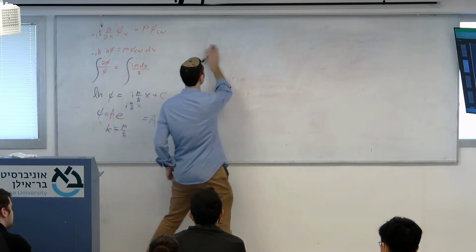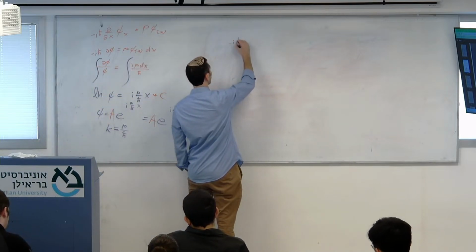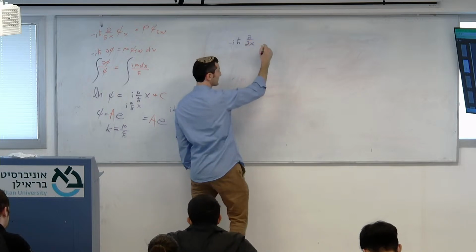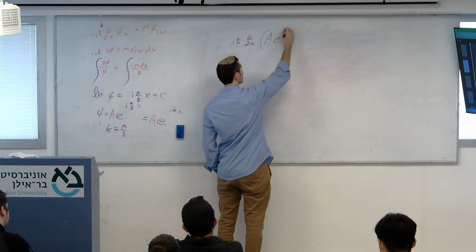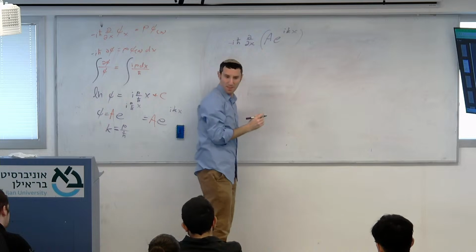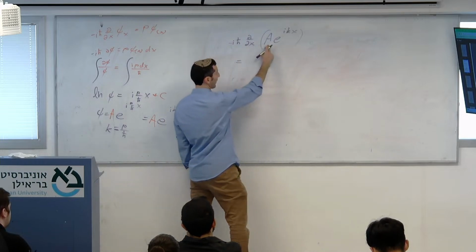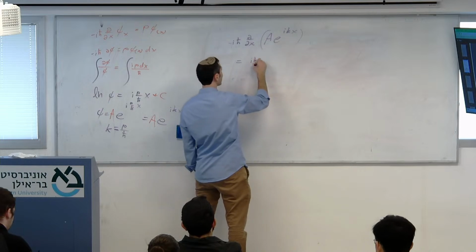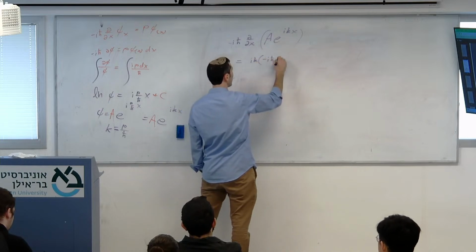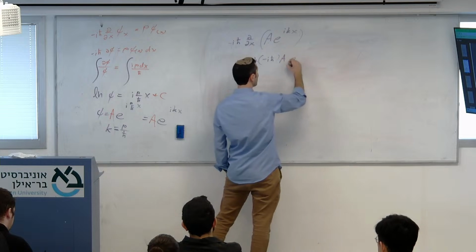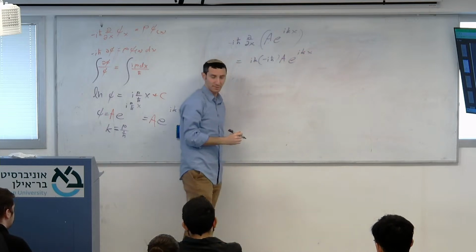If I have minus i h bar d/dx acting on a e to the ikx, I get ik times minus i h bar times a e to the ikx.